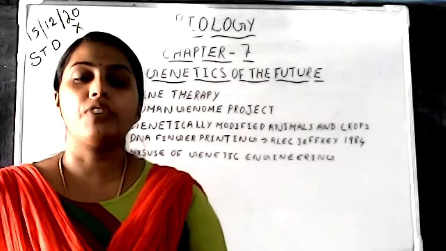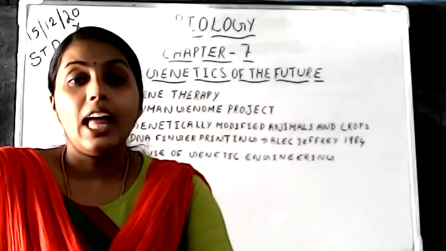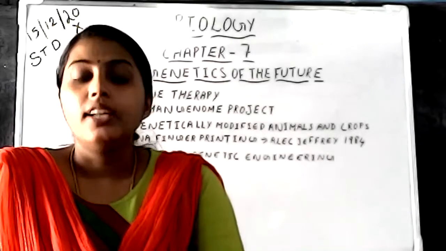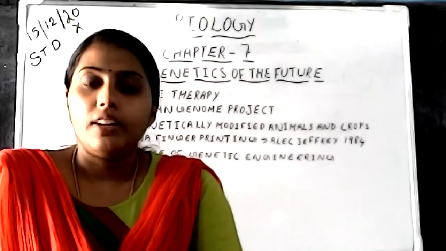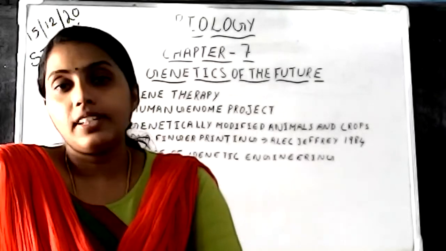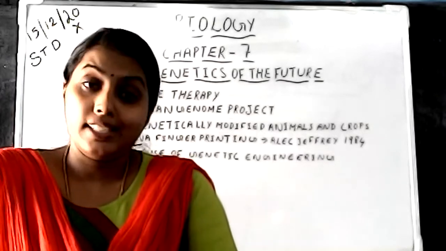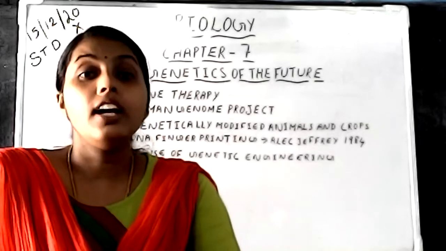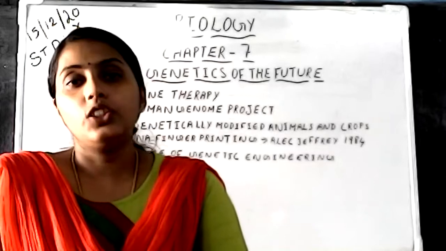The location of the gene is found out with the help of the Human Genome Project or gene mapping. So with gene mapping, we are able to know the position of each gene inside our cell. When we know the position of each gene, it's easy for us to cut the gene and replace it with another functioning gene.